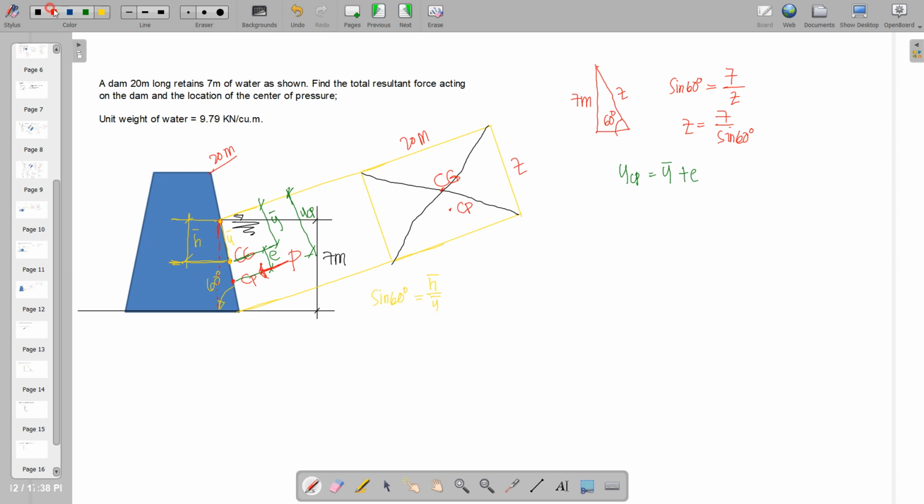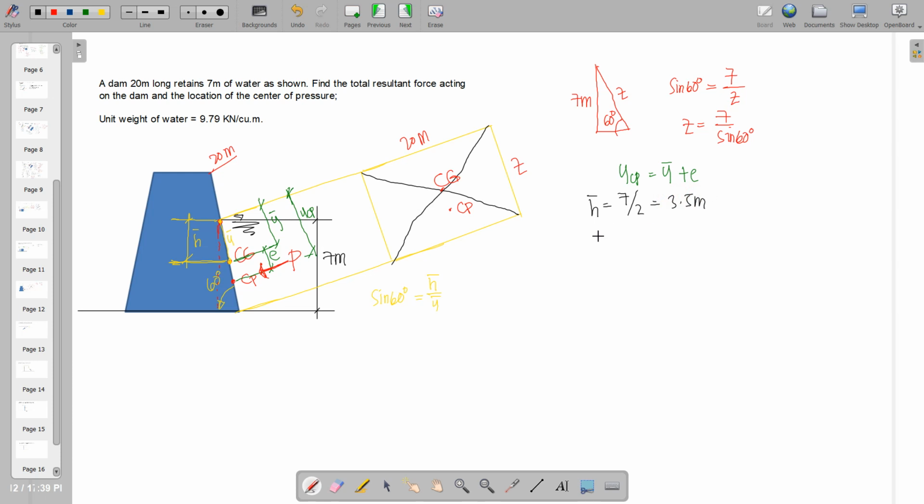So first things first, we compute for the H bar. So H bar obviously is half of the dimension 7 meters. So therefore, we have H bar is equal to 7 over 2, that is 3.5 meters.